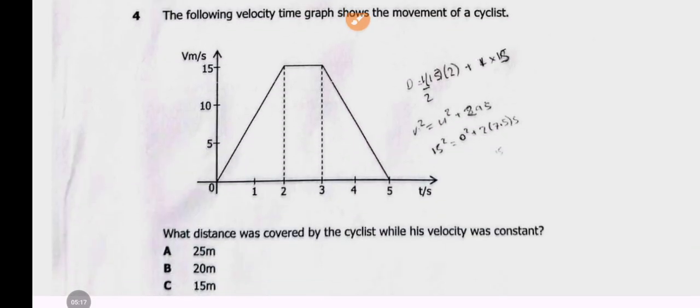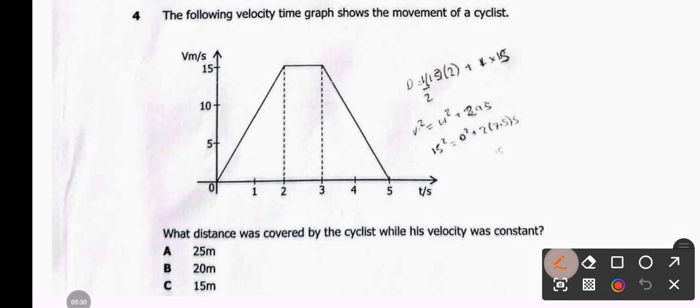Question 4. The following velocity time graph shows the movement of a cyclist. What distance was covered by the cyclist while his velocity was constant? So for a velocity time graph, the area under the graph helps us to calculate the distance. So if we just basically find the area under the graph, then we have found the distance.